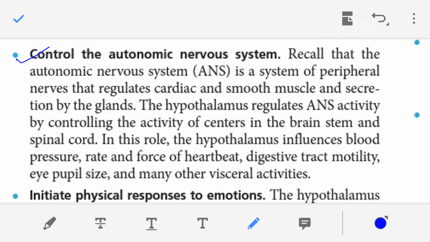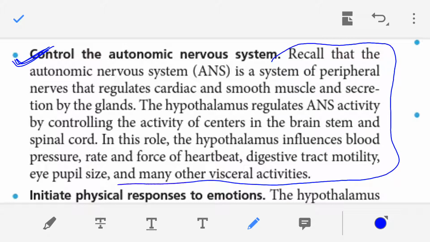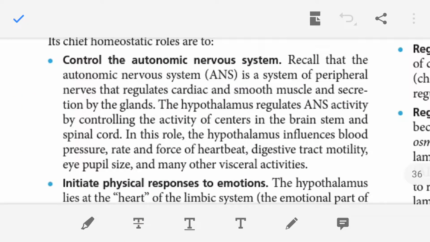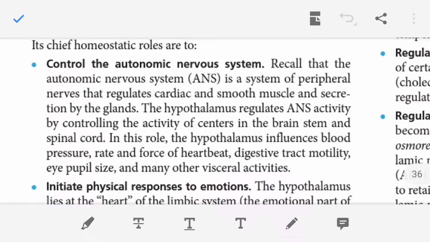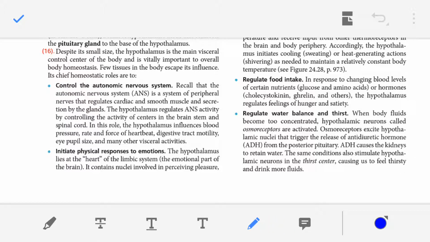The entire detail is given here, so if you are interested, you can go through how the hypothalamus regulates the ANS. But keeping in mind the depth of your syllabus, I am not discussing this. At least we should remember the titles of the functions of the hypothalamus.